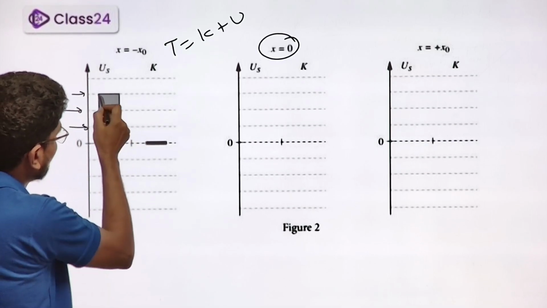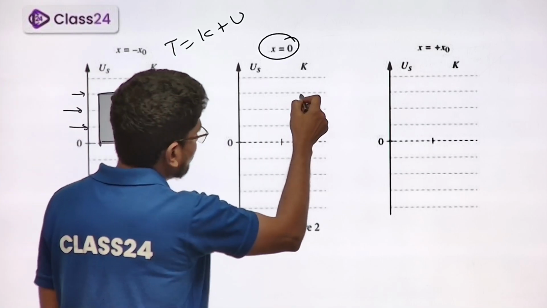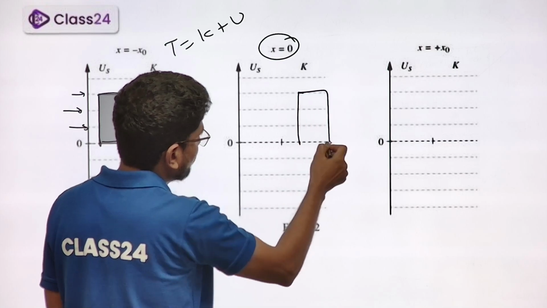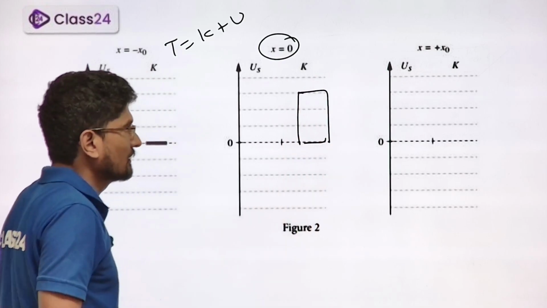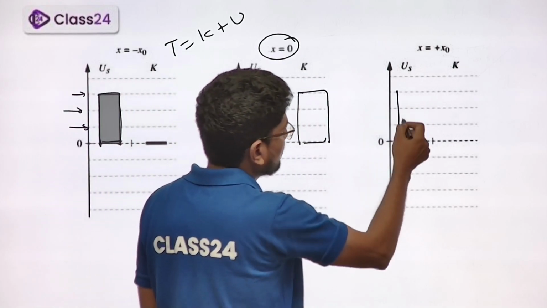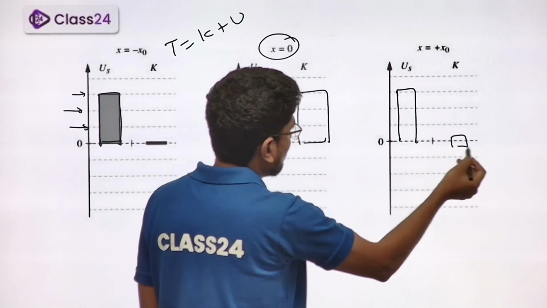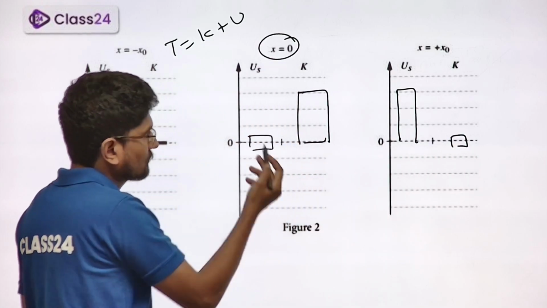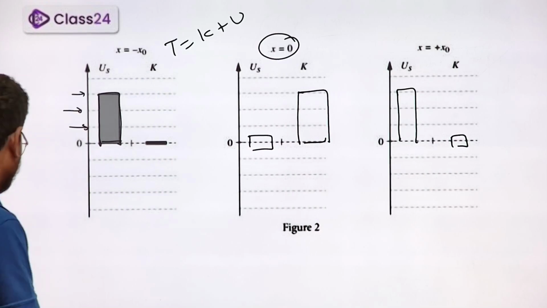So there are 3 blocks. You have to write the complete 3 blocks, because the complete potential energy is converted into kinetic energy. Then again at the extreme position, the kinetic energy will become 0. So this is the answer for this graph.